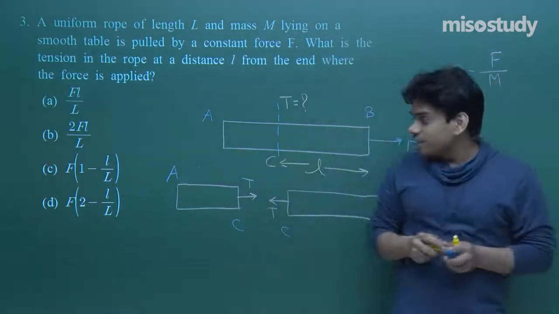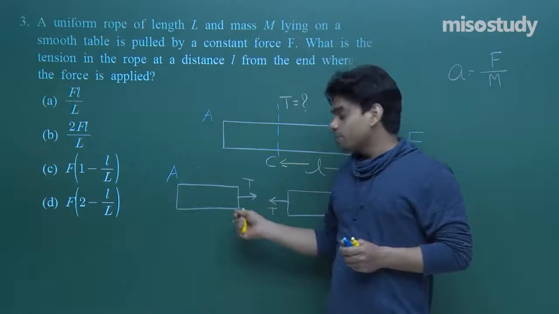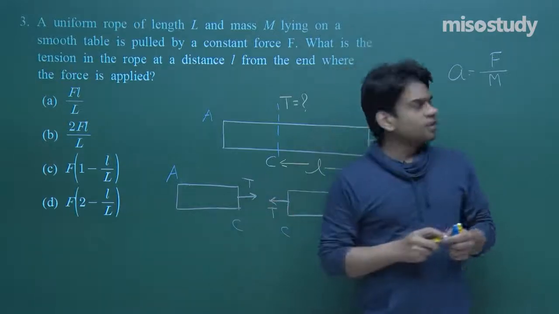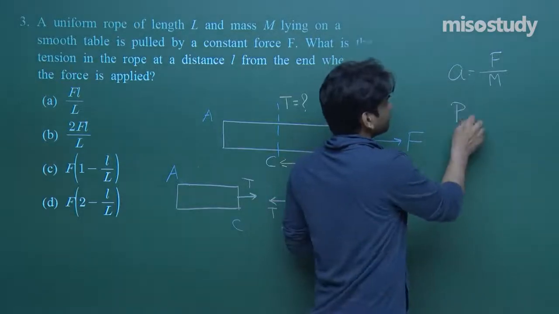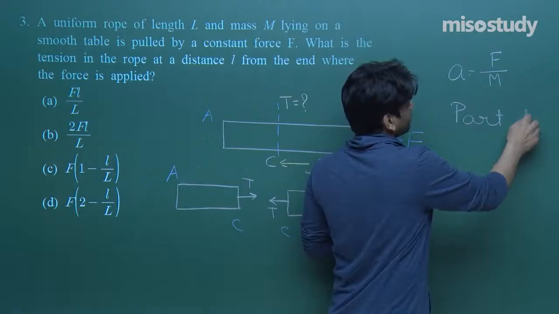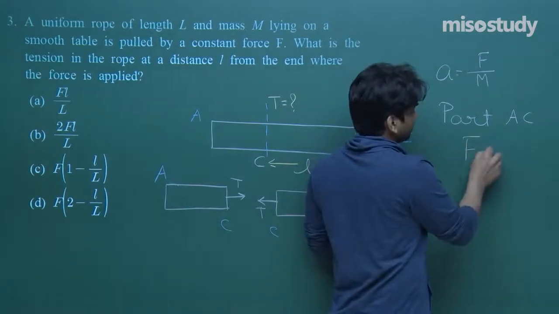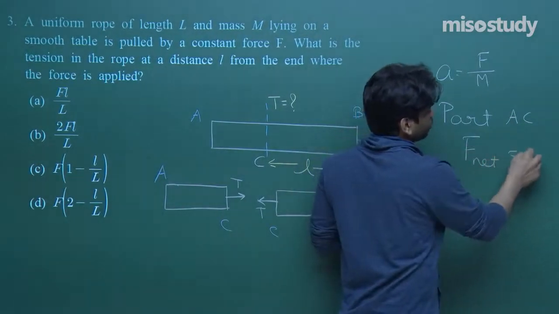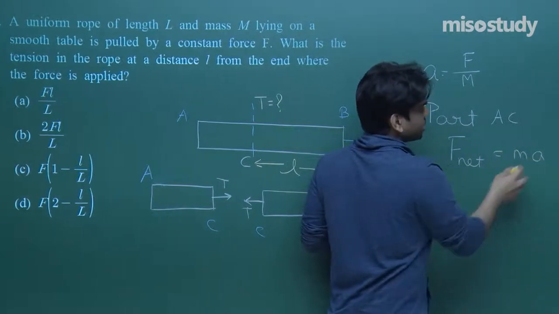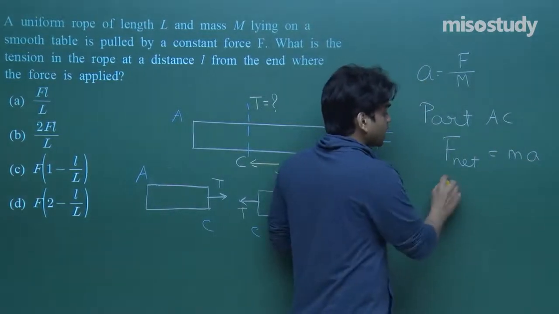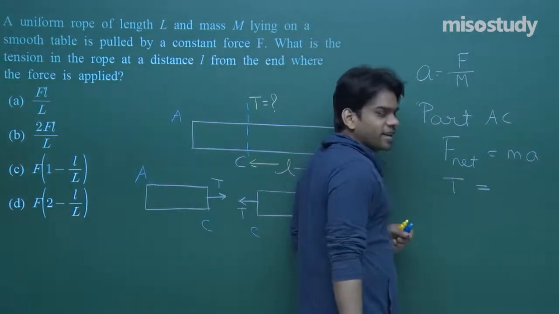And if I consider the part AC, it will be pulled by this tension T. So for part AC, force is equal to mass into acceleration. We know that F net is equal to its own mass into acceleration. Now net force is actually tension T acting along the right hand side direction.